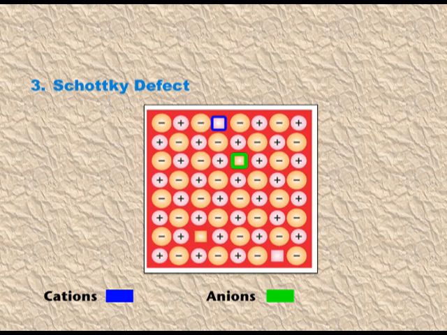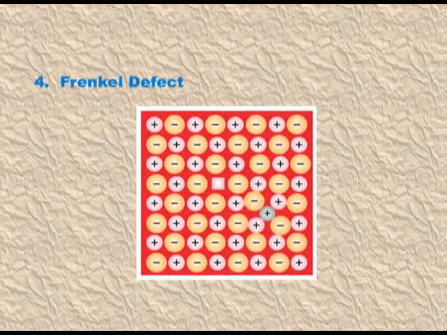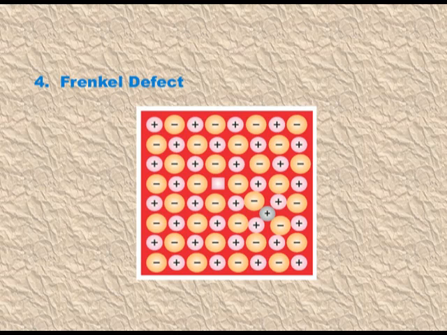Now, another type of defect in ionic compounds is the Frenkel defect. In Frenkel defect, what happens actually is a cation, that is the smaller ion, leaves its original site and enters into the interstitial site. That means the cation is misplaced.